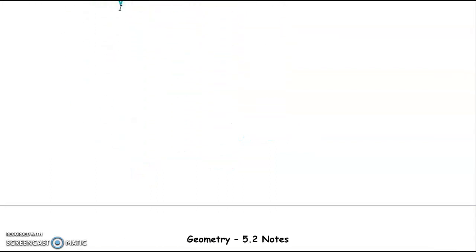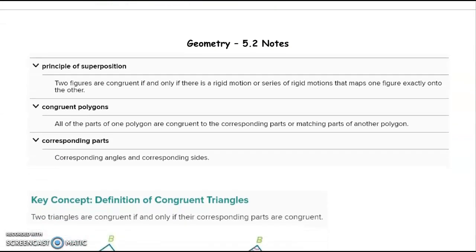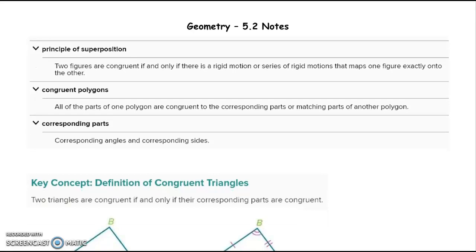So moving on to 5.2, this is really straightforward, but we make mistakes with it a lot. Visually, it can be a little tricky to look at. Congruent polygons, all of the parts of one polygon are congruent to the corresponding parts of the other.